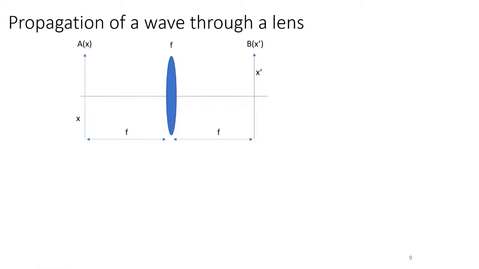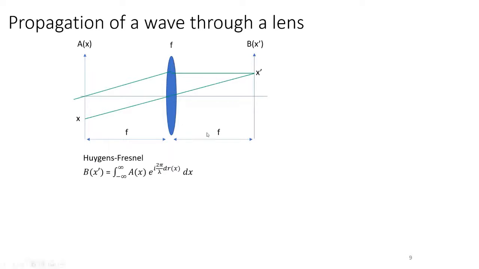In this particular configuration, if you ray trace a bunch of rays that land in X prime, you can calculate the field in X prime by applying the same Huygens-Fresnel principle. You can say that the field in X prime is the sum of the contribution of the field in A integrated over X. Here we do the one-dimensional integration, but it naturally expands to two dimensions, modulated by the difference of path going from the origin to X prime.